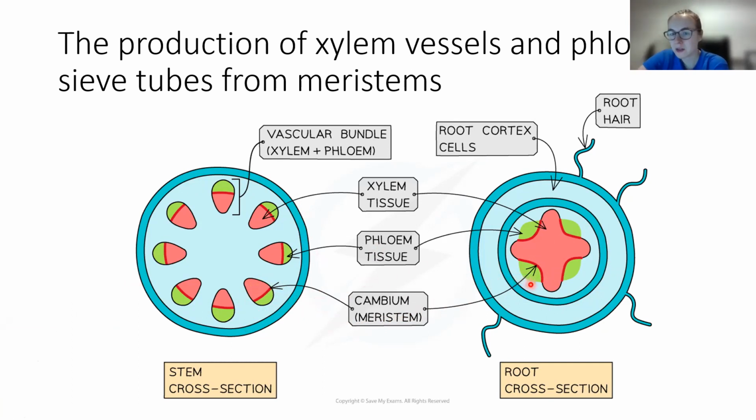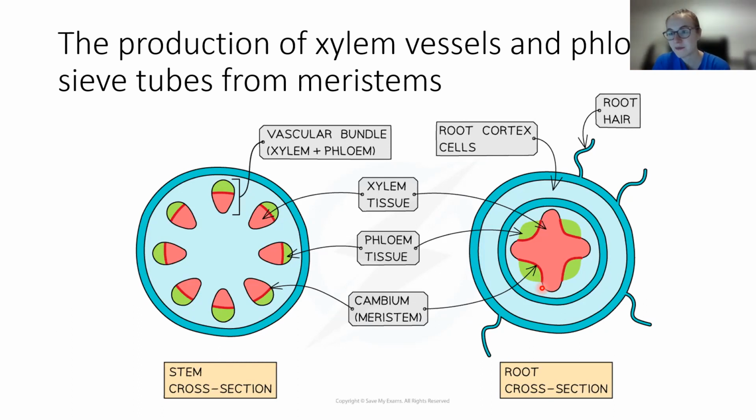So the cambium, it's called, the meristem, is where we get these undifferentiated, unspecialized cells that can form new cells. Kind of like a multipotent stem cell, they can form either xylem or phloem.